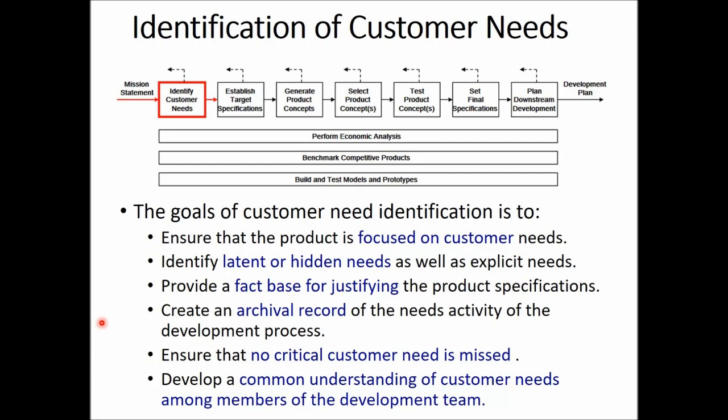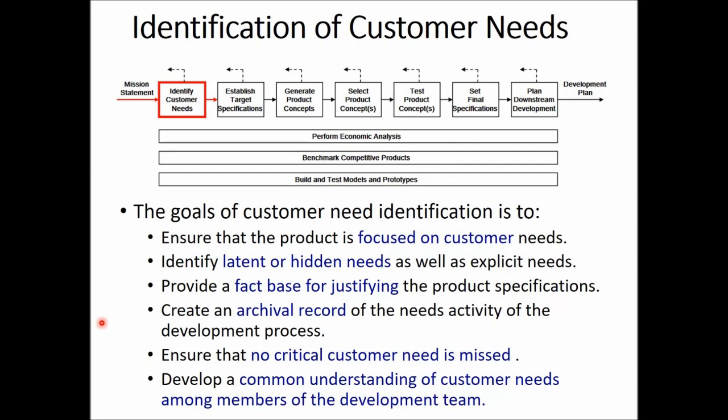That is, in fact, all customers don't need all the features in products. For example, if you take your mobile phone, you don't use all the features in the mobile phone, but there are customers who use some specific features that are not commonly used by others.